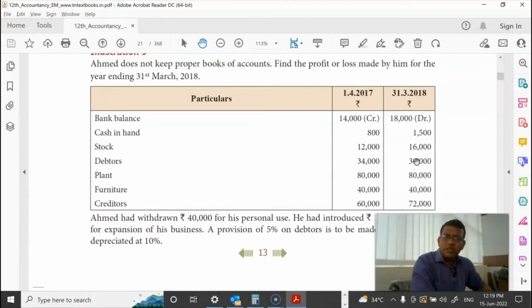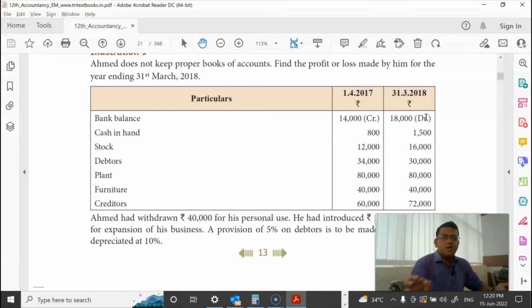So let's solve this out. Now, what is peculiar in this question is that you can see over here the bank balance is given as credit over here, and it is going to be mentioned as debit over here. That is the only peculiar part in this question, because how can bank balance be credit? I think class 11 students will be very sure with this right now, that all the assets are going to be debit balances and all your liabilities are going to be credit balances.